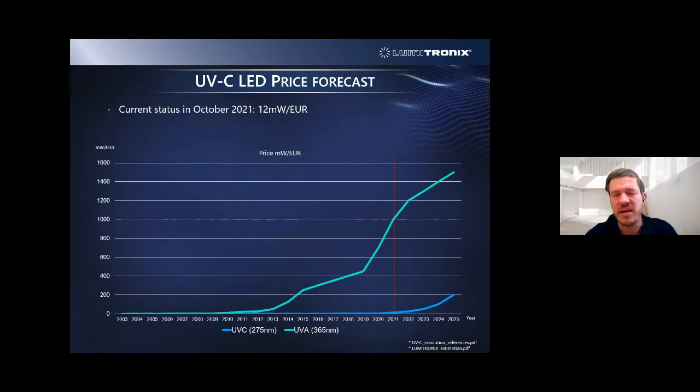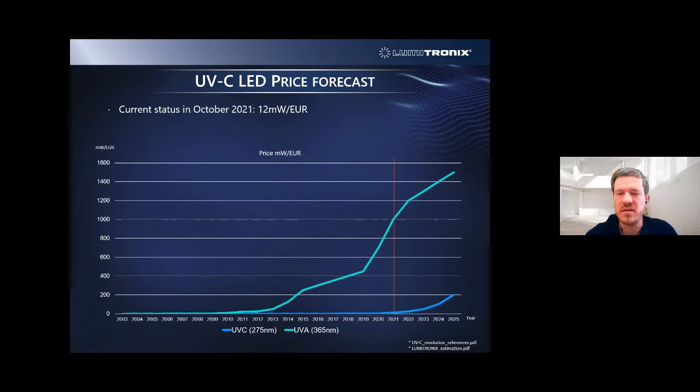Just as interesting as the development of the efficacy, in our opinion, is the development of the price. We have done a comparison to UVA LEDs, which started to develop in the early 2000s and gained speed since 2010 approximately. You can see that approximately 10 years ago, in 2010, 2011, the price level for UVA LEDs of 365 nanometers was pretty similar to what we can see today at UVC technology.